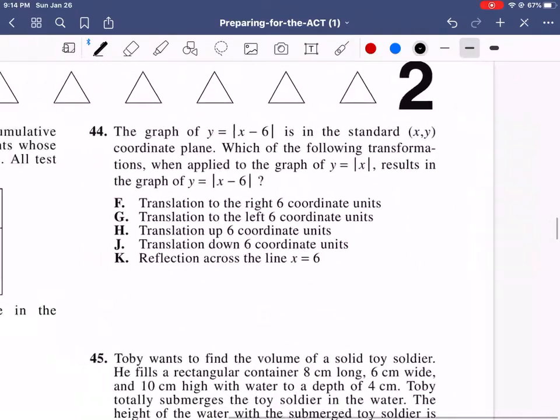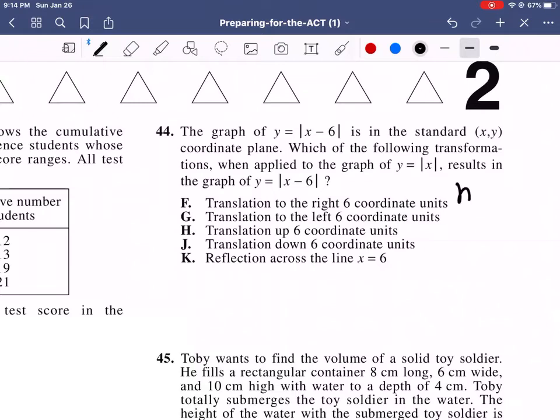Okay. So if you remember H and K, the graph of y equals the absolute value of x minus 6 in the standard coordinate plane, which of the following transformations applied to the base model graph results in this? Everything inside, like a parentheses, is always the x, the h.